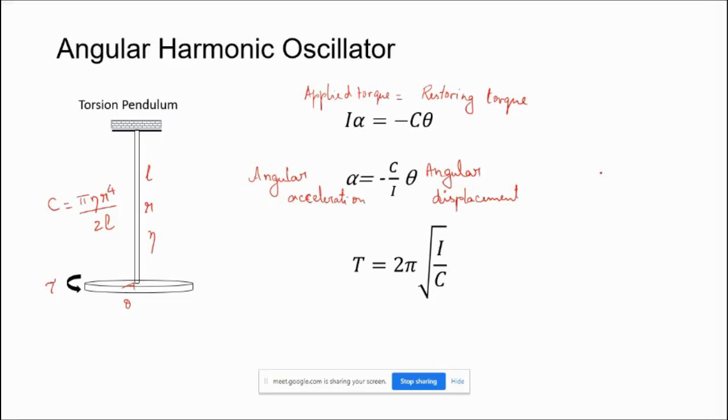Let us compare this with the condition for simple harmonic motion: a equal to minus omega naught square x, where omega naught is the natural frequency of the simple harmonic oscillator.